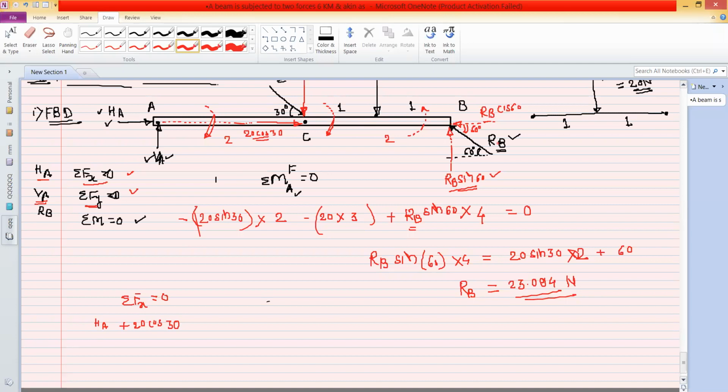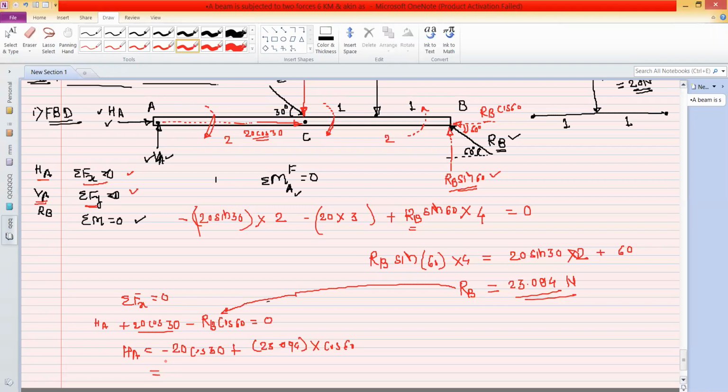Then the x component of reaction RB, so RB cos 60, and it is in the negative direction. So minus RB cos 60, equal to 0. RB value is 23.094, so you can put this value. So HA is equal to, this is minus on the right side, so minus 20 cos 30 plus reaction RB, that is 23.094 into cos 60.